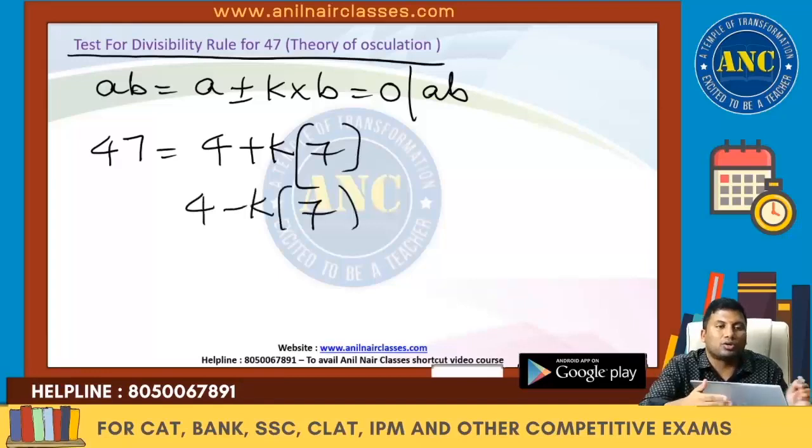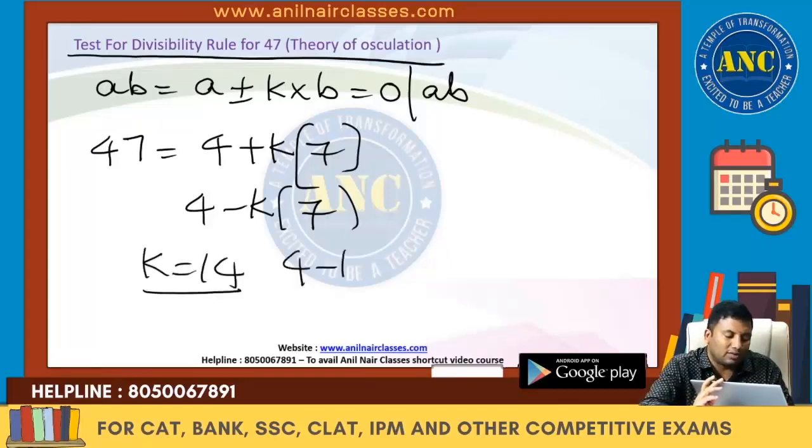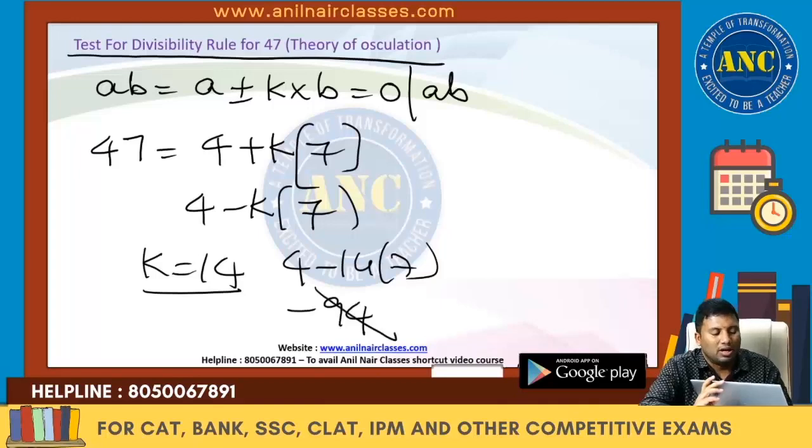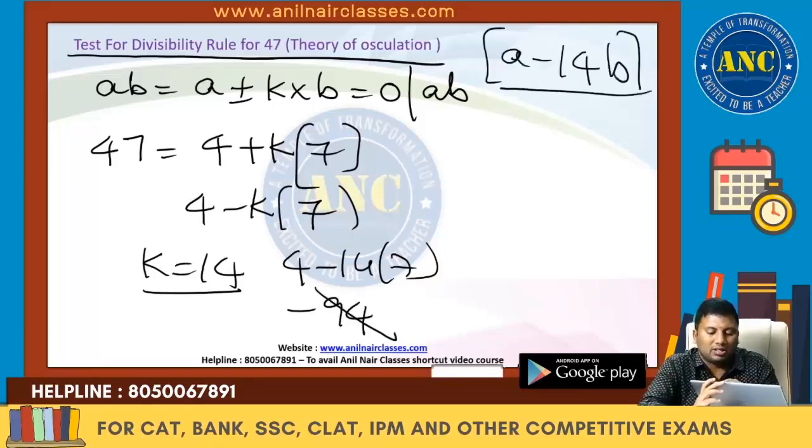I am not going to solve this problem, or if you want, I can solve it. k is nothing but 14. 4 minus 14 into 7, that is 94 minus 47... 94 is divisible. So the divisibility rule for 47 is a minus 14b.